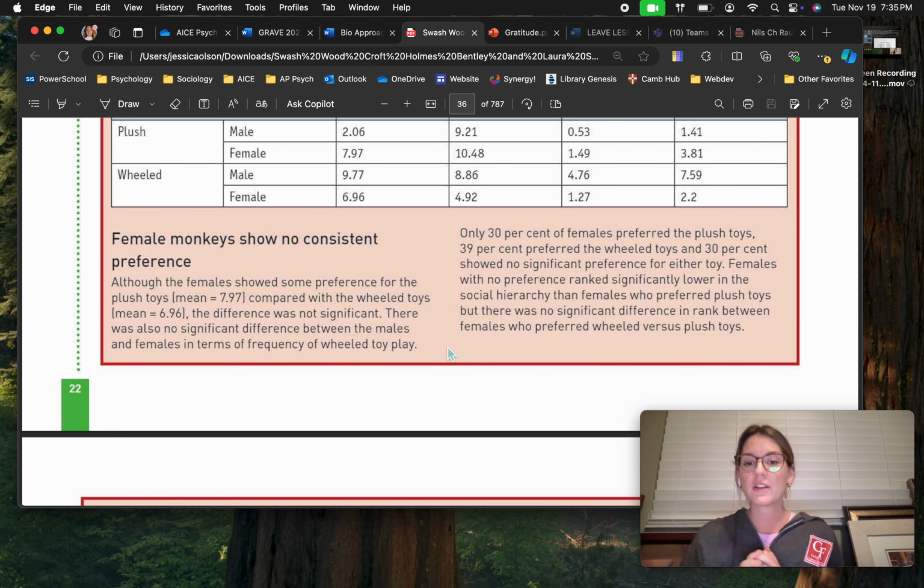Okay, I want to stop there and just talk about how this was great, because these findings actually mirror what we see in young children, 4 to 6 year old young girls and boys.